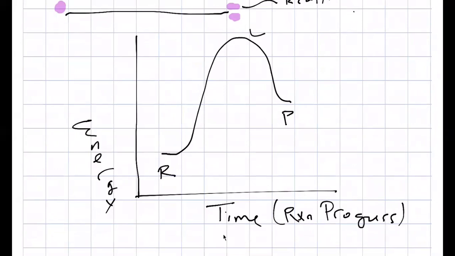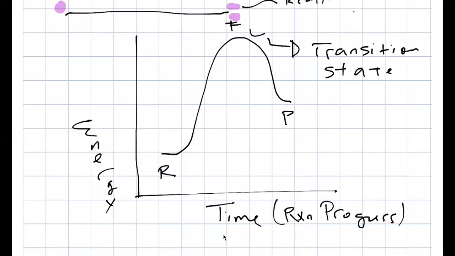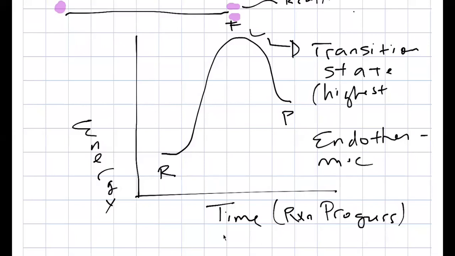All right. So here at the very top, what we call our transition state. Any reaction is going to have a curve that's either going to look like this or the other way, so this will be for endothermic. All right. So the transition state is the highest energy point on the curve.